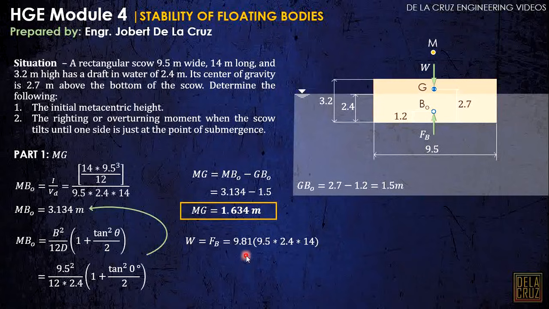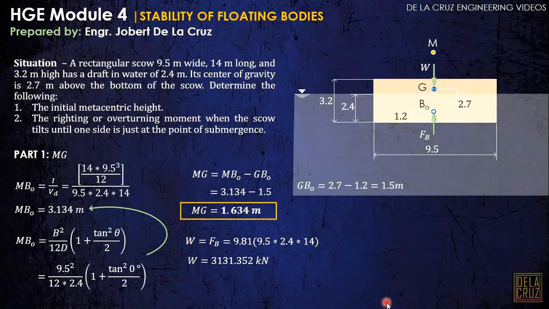So, don't misunderstand this one. Nakakala nyo, this is the gamma of the scow times the volume of the scow. Okay? Pwede rin. But, hindi binigay dito yung gamma ng scow or SG ng scow. Kaya, we can just equate weight is equals to buoyant force, no? By equilibrium. Now, we have the weight.